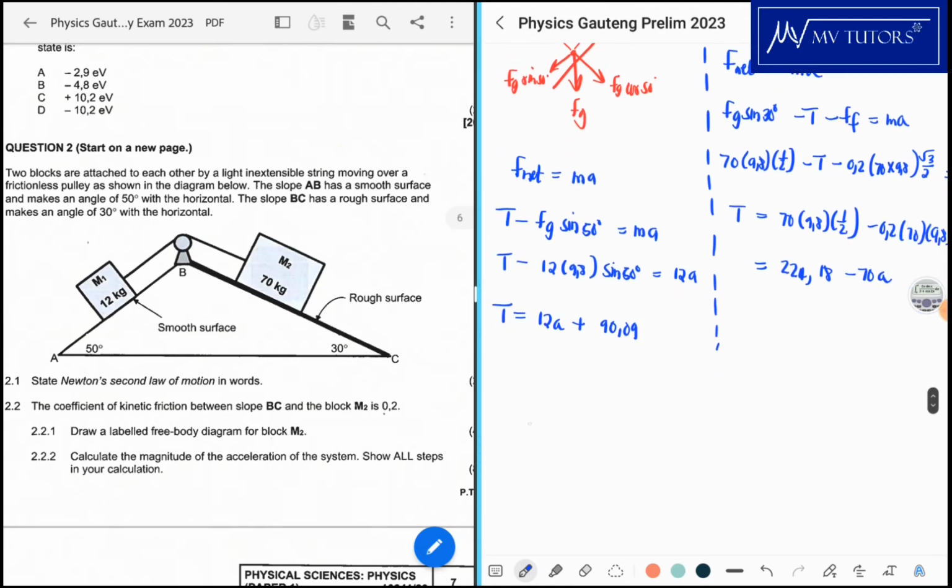All right. So therefore, I would say 12A plus 90,09 is equal to negative 70A plus 224,18.